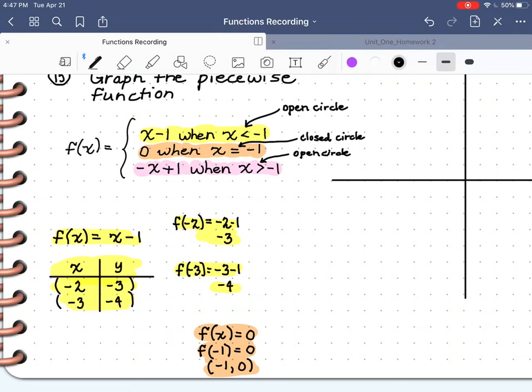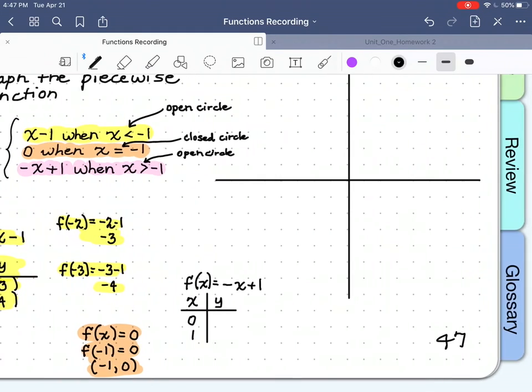We need some x's that are greater than negative 1. So I'm going to go ahead and make another table. X has to be bigger than negative 1, so I'll use a 0 and a positive 1. And then evaluate that pink function for those two values. So when 0 is your value of x, you would have a negative 0 plus 1.